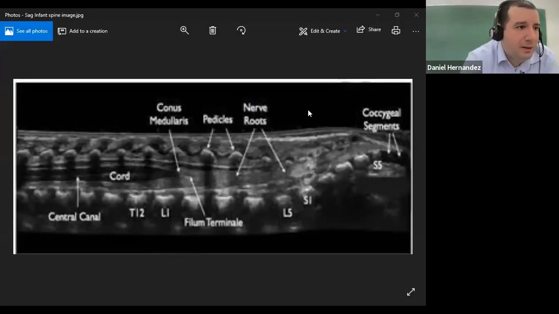So this was a picture that I'd found that I liked that showed your structures when doing your spinal ultrasound.